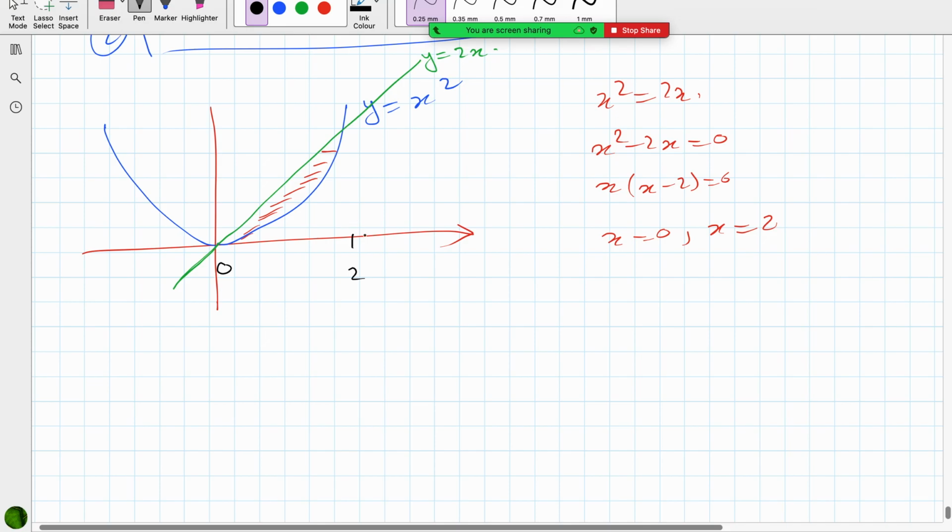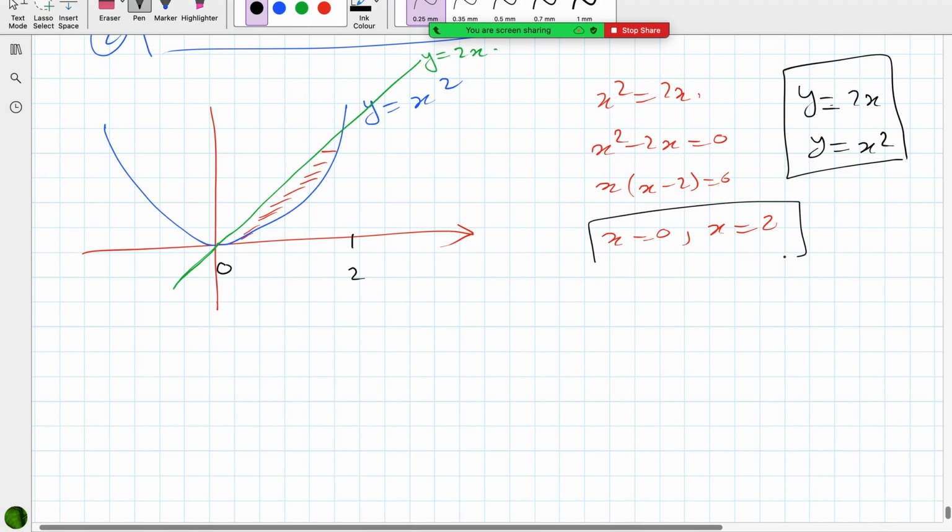Even if the graph was not there, the two equations were y is equals to 2x and y is equals to x square, we would have solved them simultaneously and get these two values. Now lower limit and upper limit. So what will I do? Integrate first equation minus second equation from 0 to 2 with respect to x and get the shaded area. Taking a pause here if there is any problem to discuss.